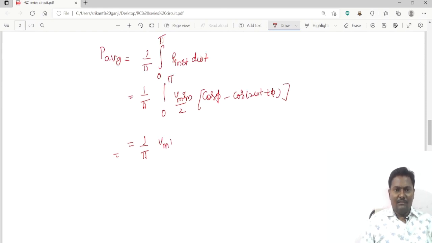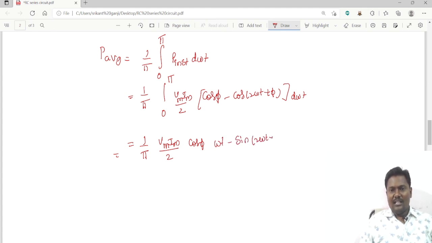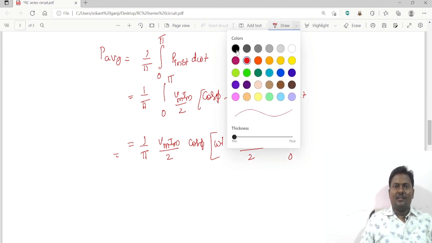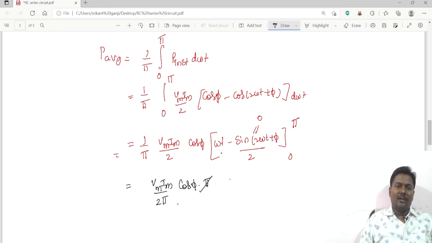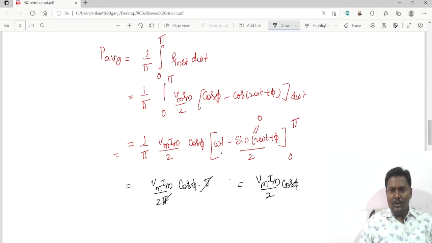So Vm Im by 2 pi, cos phi times the integration of 1, which is omega t, minus the integration of cos of 2 omega t plus phi, which is sin of 2 omega t plus phi divided by 2. Apply the limits 0 to pi. The second term is 0, and in the first term only the upper limit contributes. You will get Vm Im by 2 pi into cos phi into pi. Pi cancels, so I am getting Vm Im by 2 into cos phi.